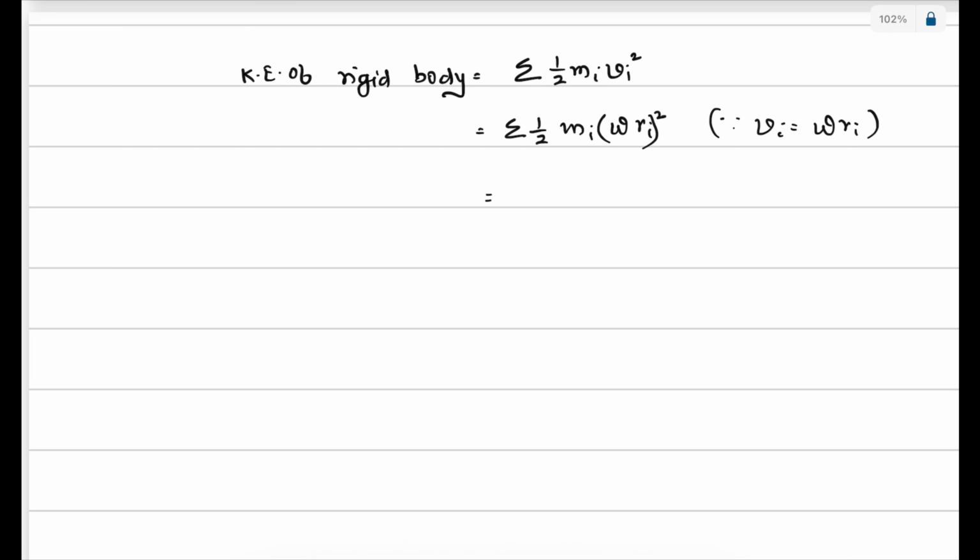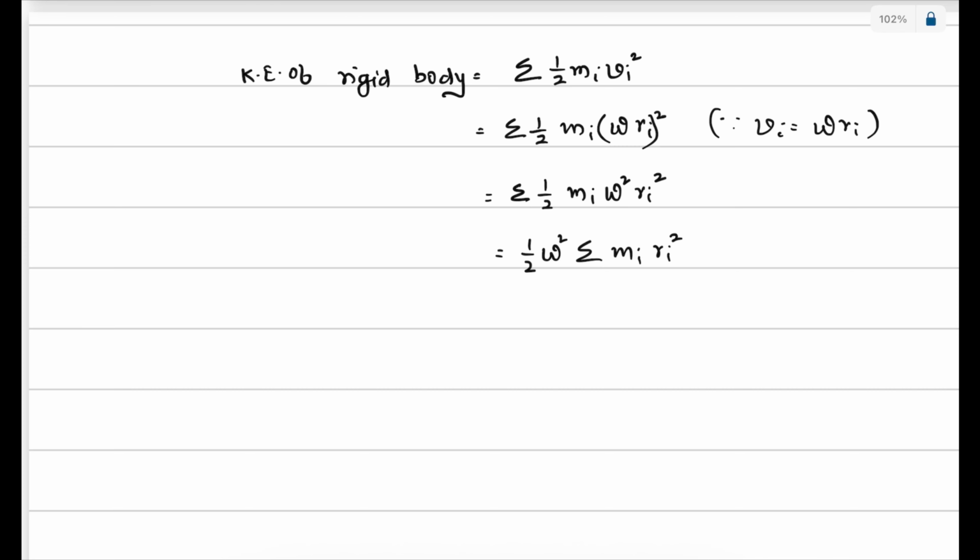This is equal to sigma half m_i omega square r_i square. When you take omega square out, because omega square and half are constants, they do not change for each particle, we get half omega square sigma m_i r_i square.